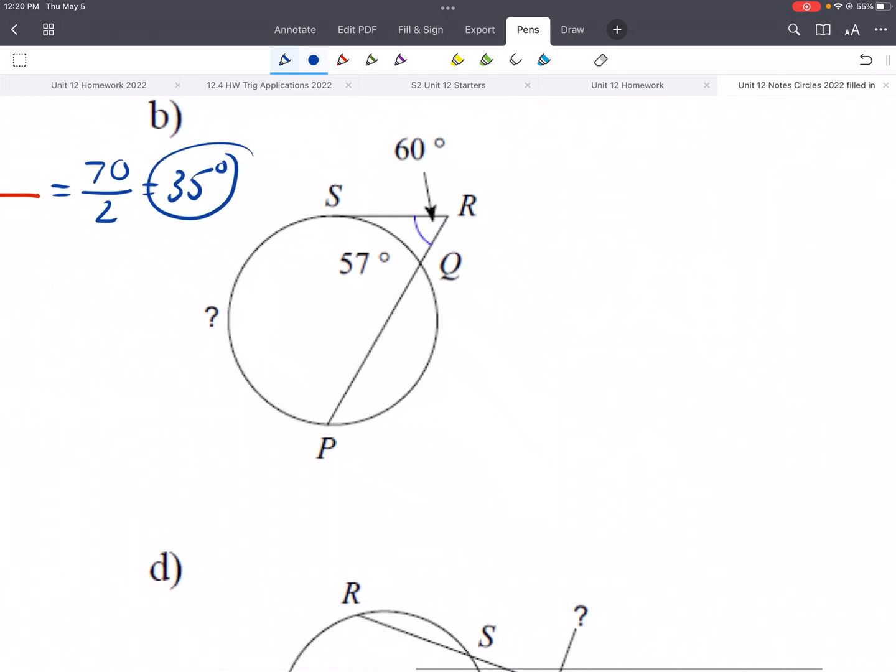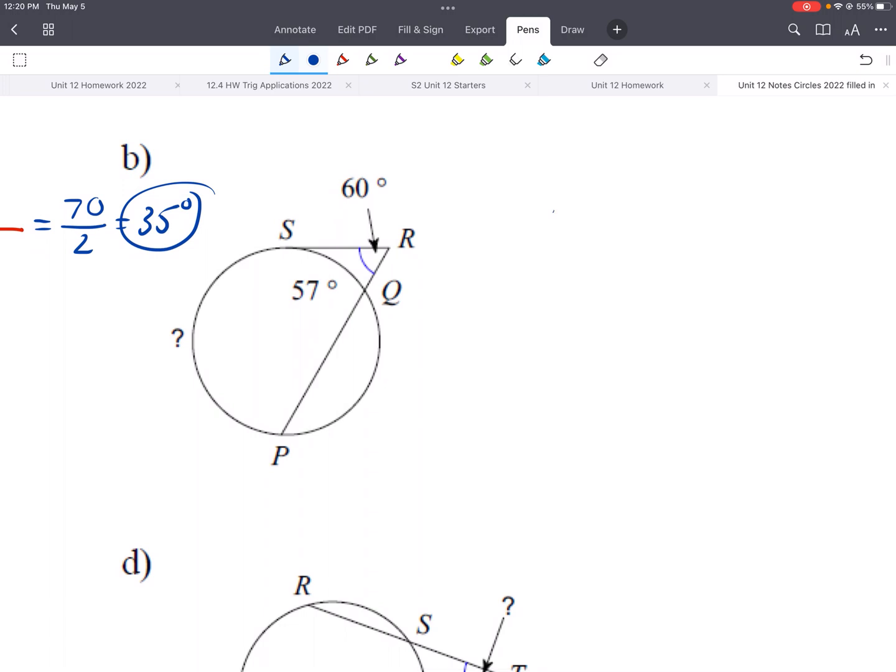Let's look at B. So now we know the angle. We know that the circumscribed angle is 60, and then we'll do major, which here we could say is x. We don't know it, minus the minor, so minus 57, all over 2. So how do we get x by itself? So we kind of take off those layers.